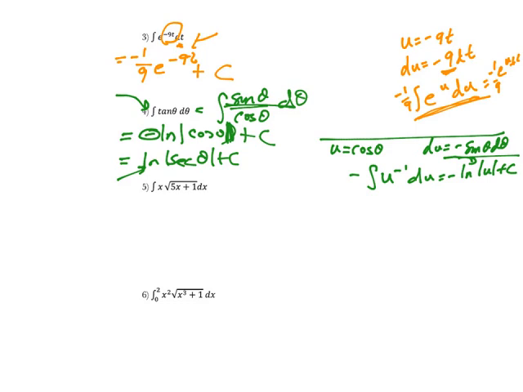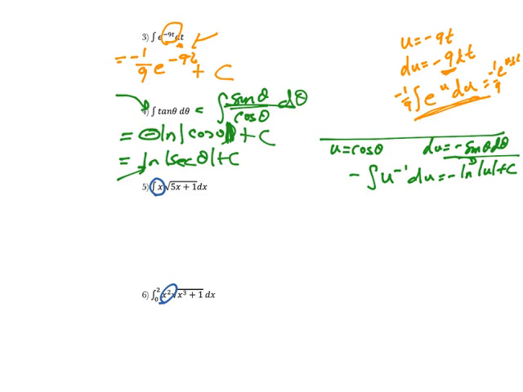Okay? Hopefully this makes sense. All right, so radicals can be like fractions in that you let u be what's inside the radical, because if I let it be the radical itself, I would have a chain rule issue that I would have to then have another radical for a derivative, and that's not going to work because I only have this piece here or this piece here in number 6.